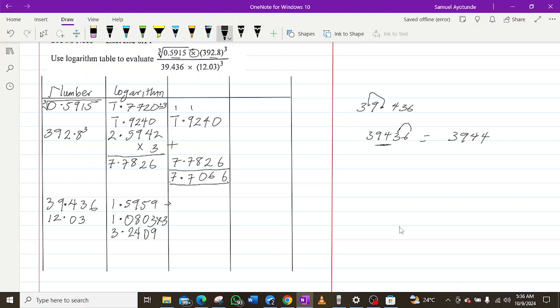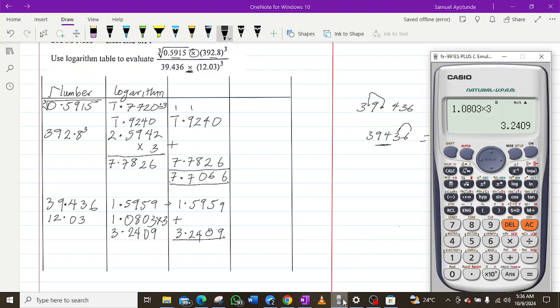I will take the two answers from the denominator that I've gotten to the next column. There's the first one, 1.5959, then 3.2409. And we have multiplication in between them over here. That means we are adding. Since they don't have a bar, we can use our calculator to evaluate. So we have 1.5959 plus 3.2409.